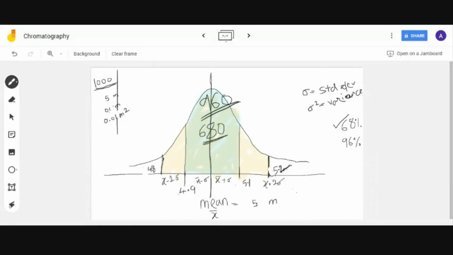If the mean time, that is the peak, is obtained for that particular drug at 5 minutes, that means between 4.9 minutes and 5.1 minutes, 680 microgram of the drug is eluted, and between x minus 2 sigma, that is 4.8 minutes, to x plus 2 sigma, 5.2 minutes, 960 microgram of the drug is eluted.